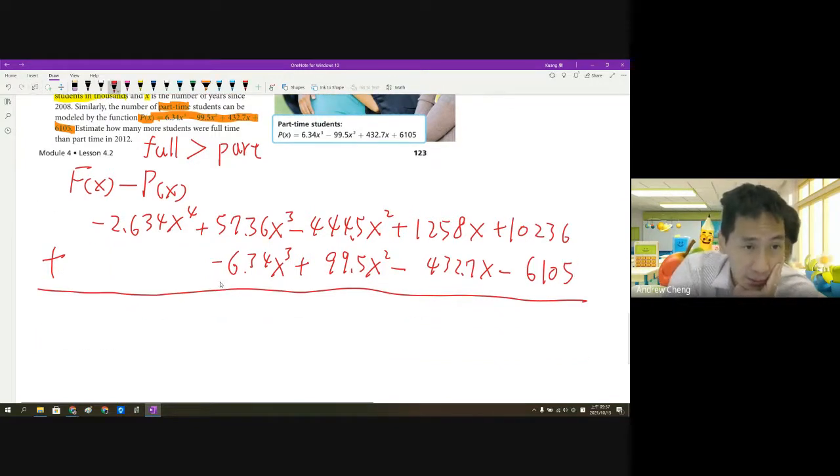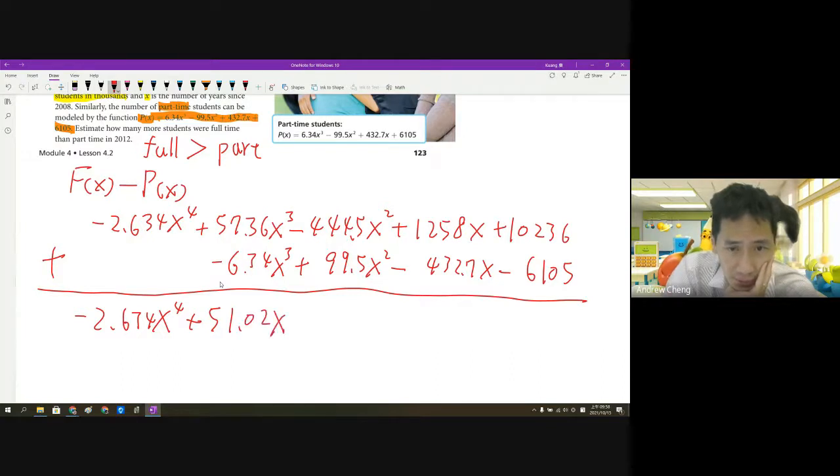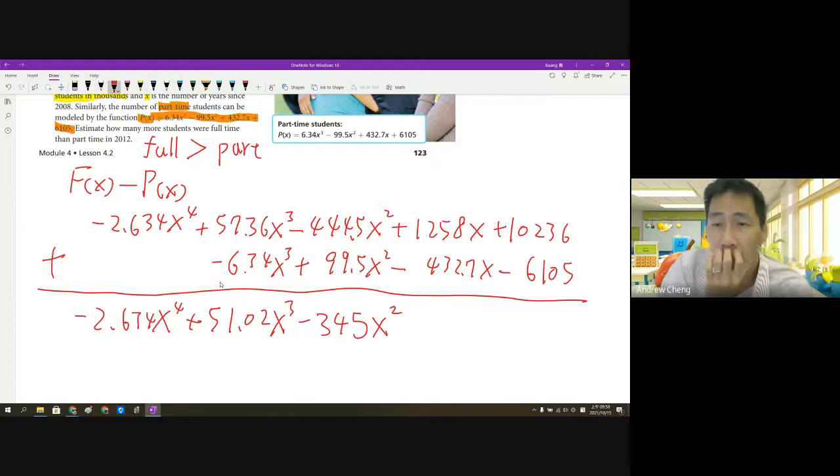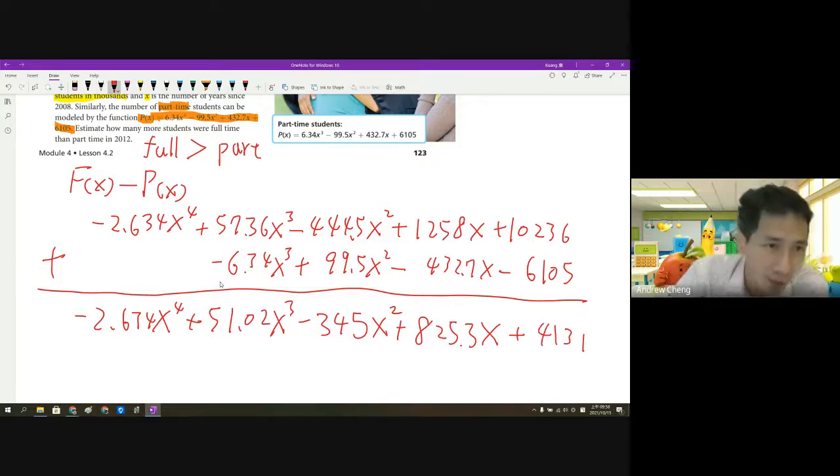So negative 2.634x to the power 4, plus 51.02x cubed, plus a negative 345x squared, and then plus 3,528x, and then 1,314. All right. Okay, this would be the difference.